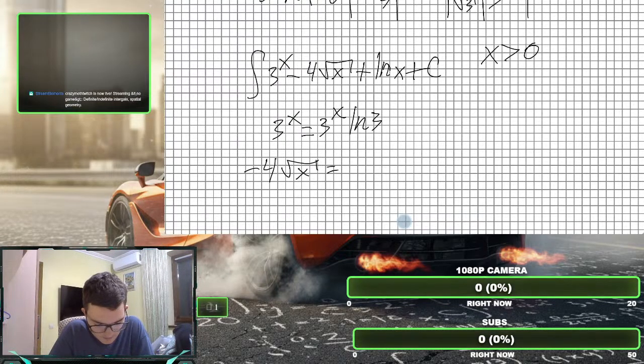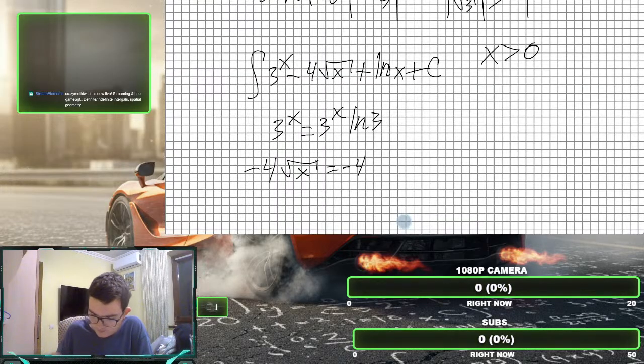What is the derivative of this? Well, minus 4 is just write it down. The square root of x, if I take a look at my table of derivatives, the derivative of square root of something is 1 divided by 2, and then square root of that.